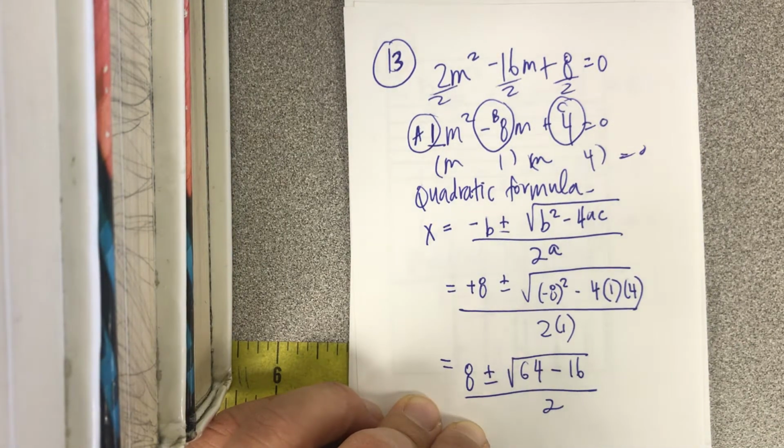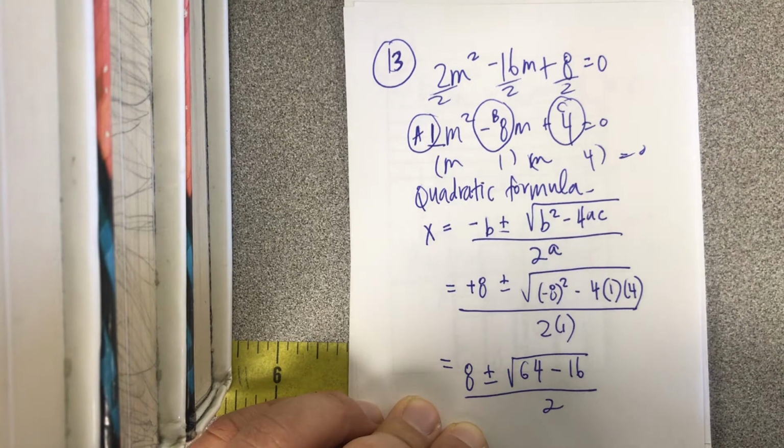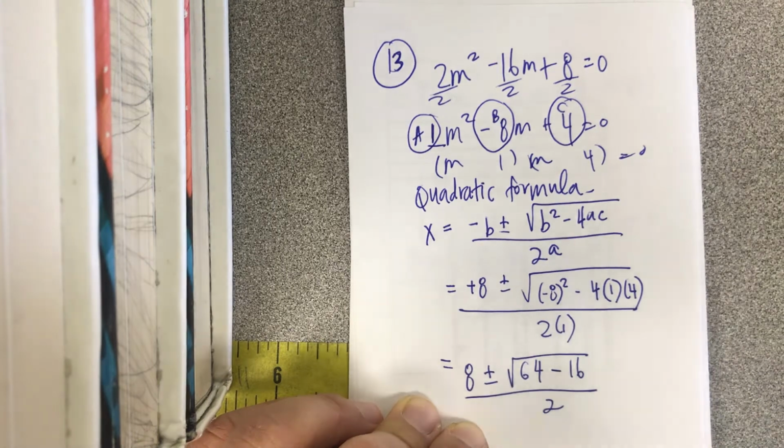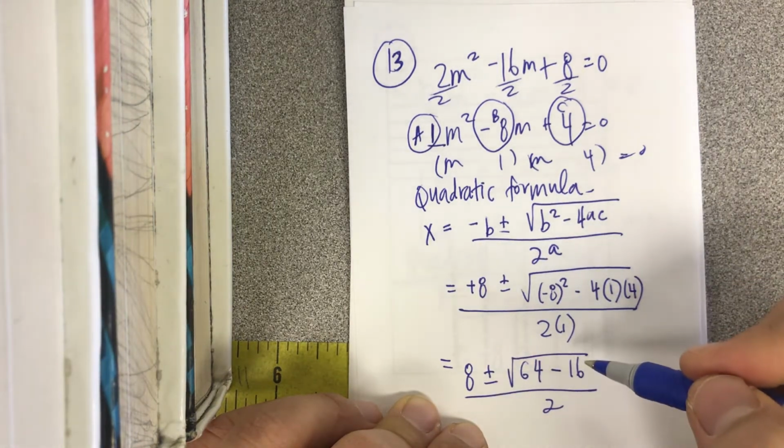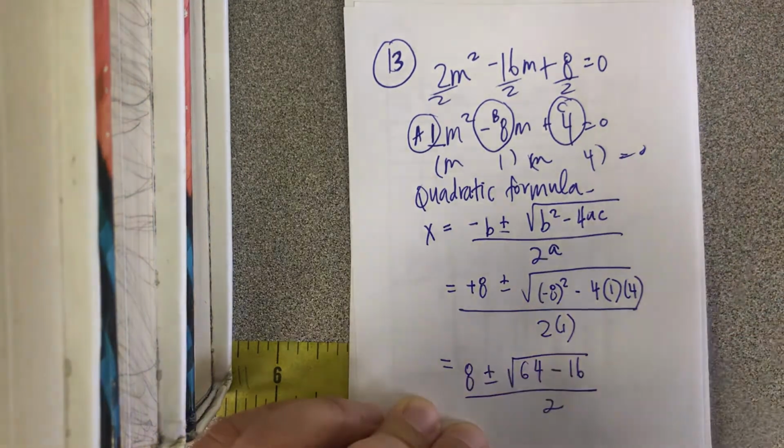Once we have all of that plugged in, let me make sure I'm doing this correctly. You're going to be able to simplify that down to, okay, 64 minus 16.